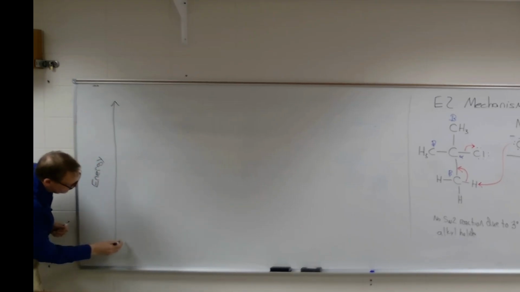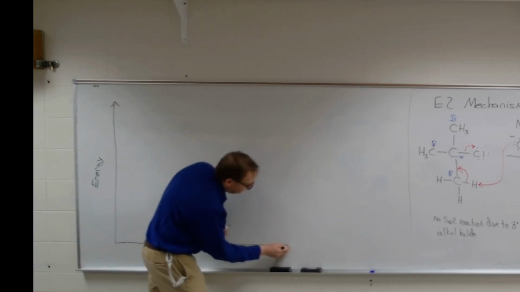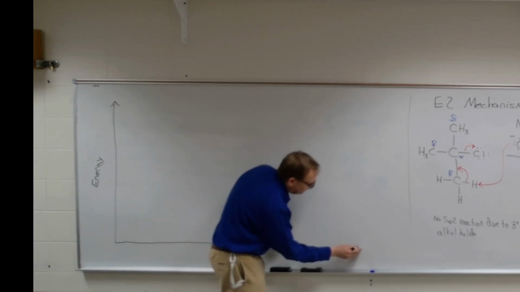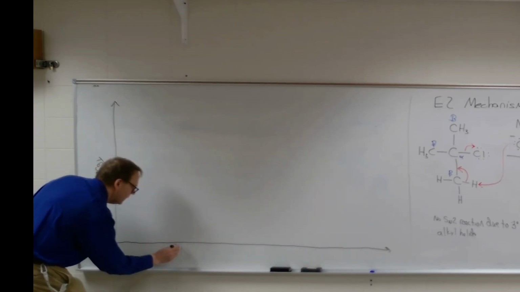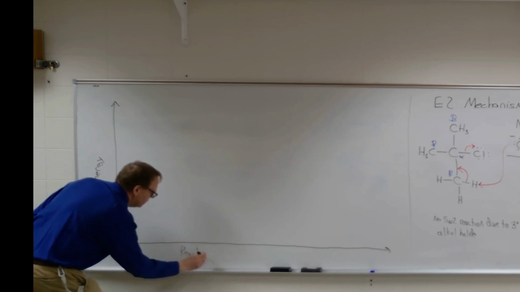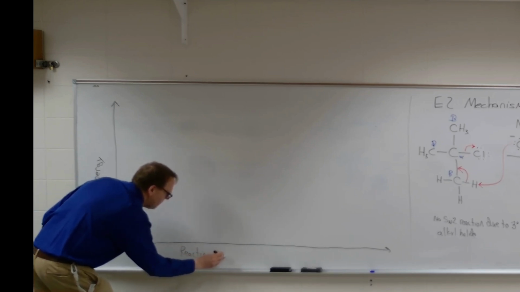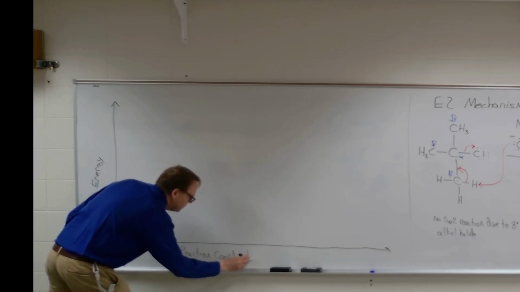The x-axis is going to be progress of the reaction as a function of time. So this is going to be the reaction coordinate, which is just what stage of the reaction it's at at any one point.